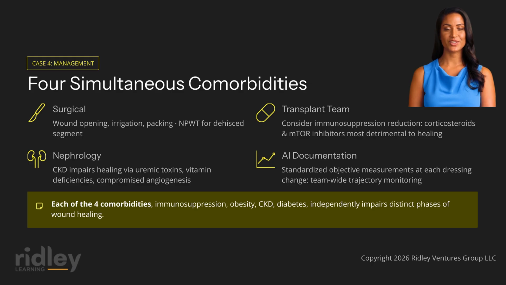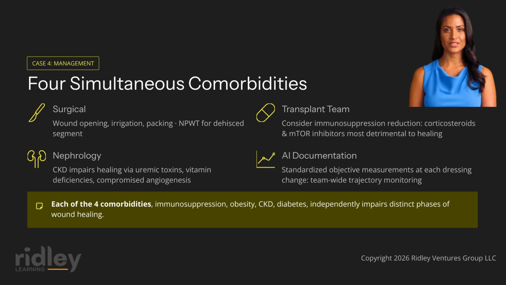Chronic kidney disease management is coordinated with nephrology, recognizing that CKD substantially impairs wound healing through uremic toxins, vitamin deficiencies, and compromised angiogenesis. Early mobilization starts within 24 hours, with physical therapy implementing an ERAS-aligned protocol targeting post-operative walking distance and activities of daily living.